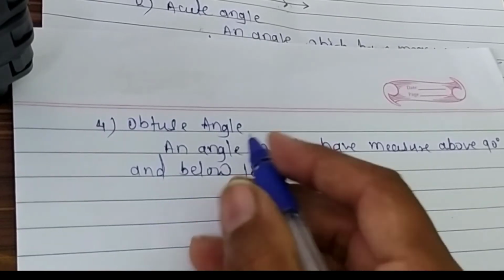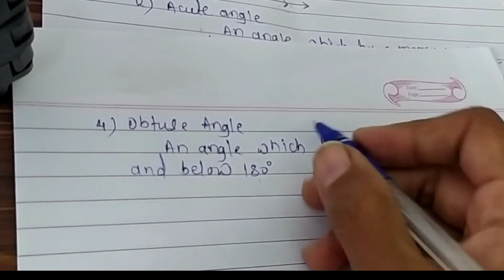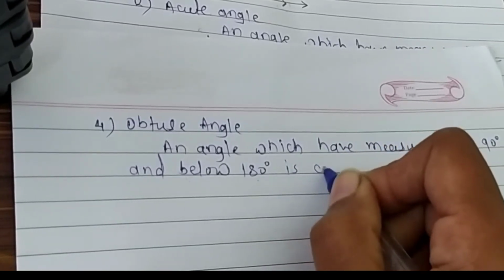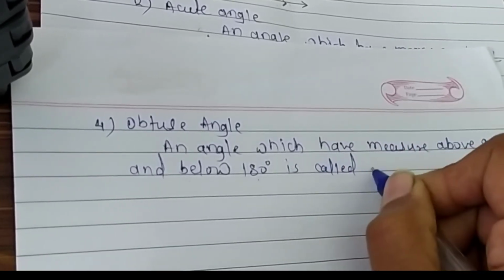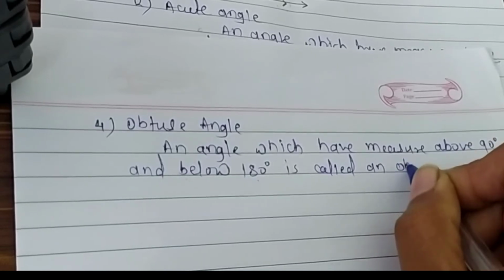Below means less than 180 degree. It is called an obtuse angle.